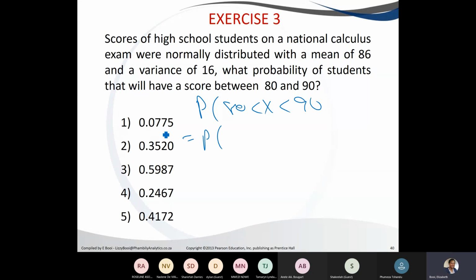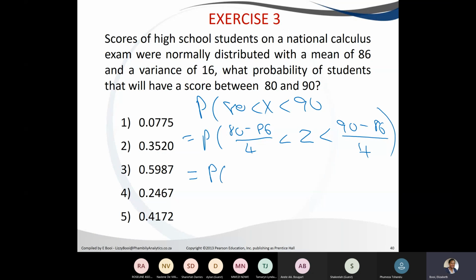We will calculate the probability that 80 minus 86 divided by the square root of 16, which is 4. We did calculate that, which will be Z. 90 minus 86 divided by 4. Then we can get the answers.